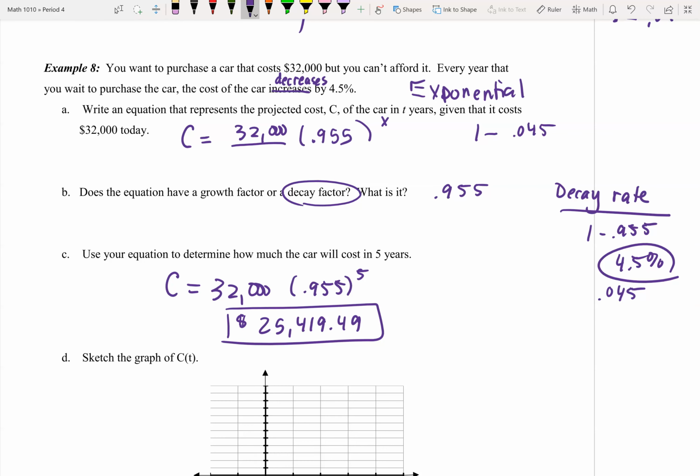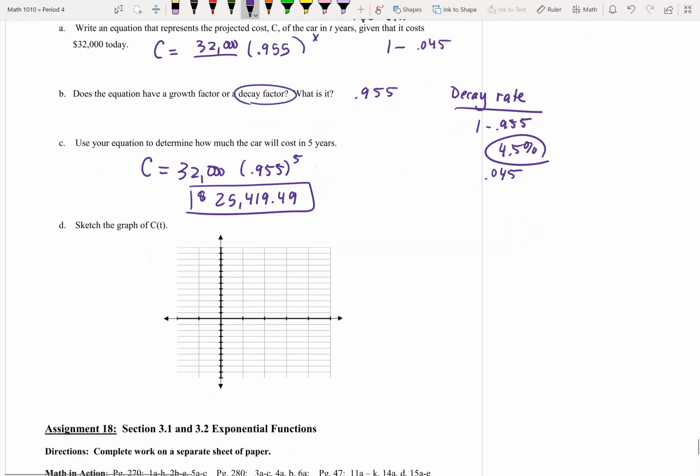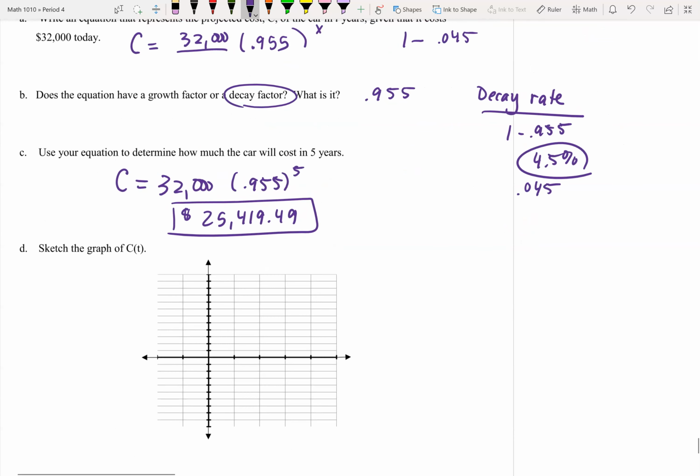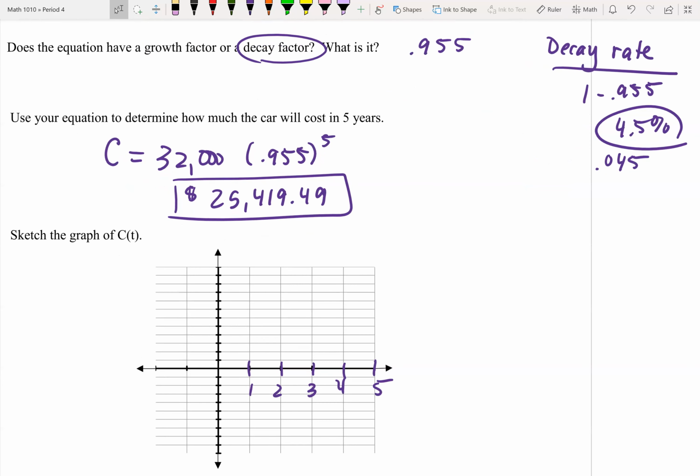Okay, now let's graph it. It's going to start at 32,000 and it's going to go down. So we're going to go by ones: 1, 2, 3, 4, 5. I'm going to do the same thing I did before: every 4 marks is 10,000.